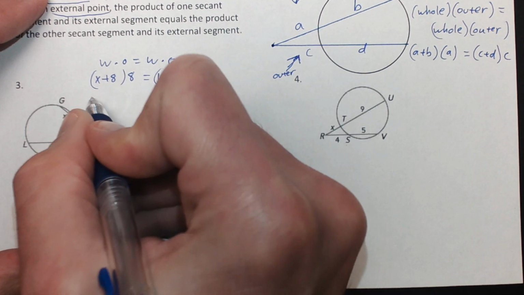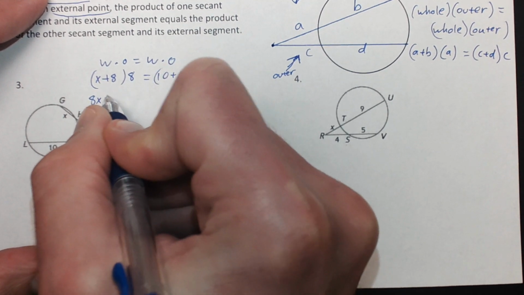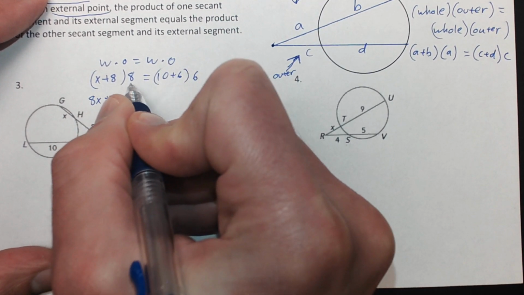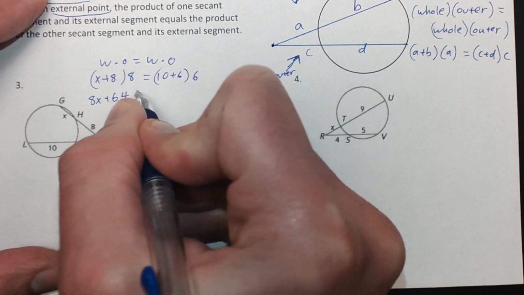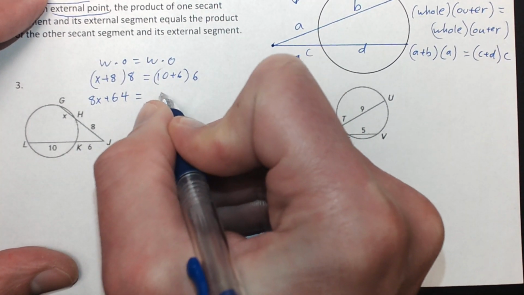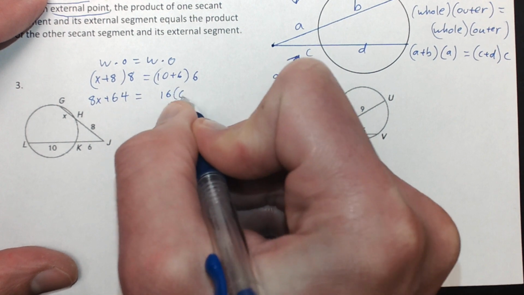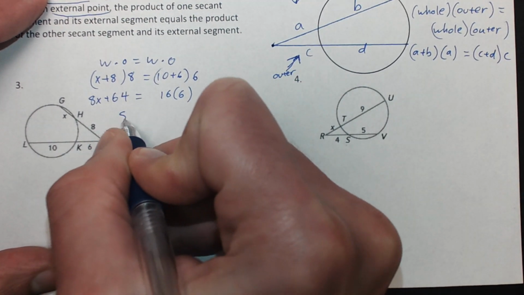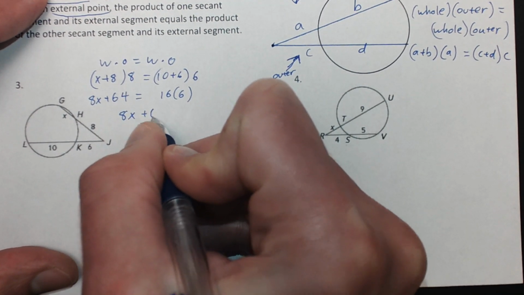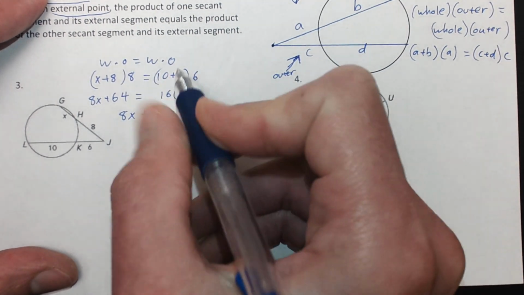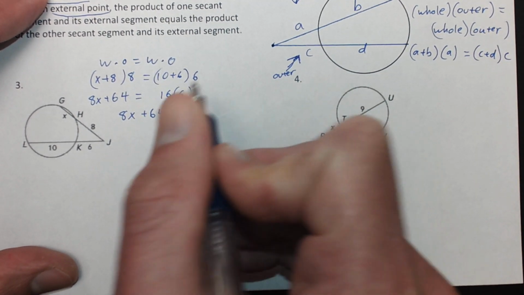So 8 times x is 8x, and positive 8 times another 8 is positive 64. This one I'm going to combine, 16 times 6. So 8x plus 64 equals 16 times 6, which is 96.